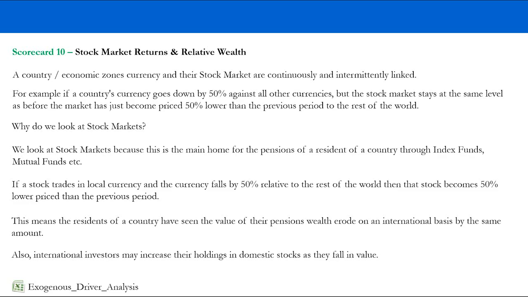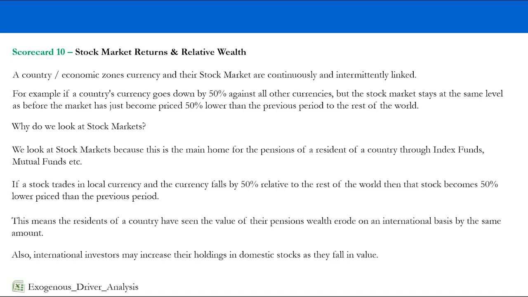Well, we look at stock markets because this is the main home for the pensions of a resident of a country through index funds, mutual funds, and personal investments. So the stock market is basically the barometer of wealth or pension wealth in a particular country.